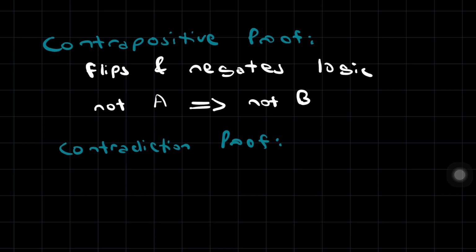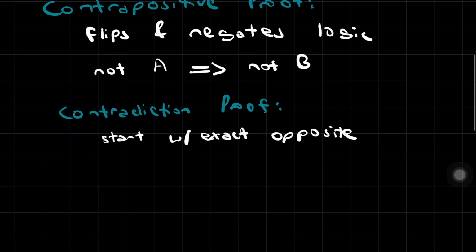It's about setting a clever logical trap. So suppose you want to prove that a certain claim is true. To start, you temporarily assume the exact opposite. You pretend your claim is completely false for the sake of the proof.